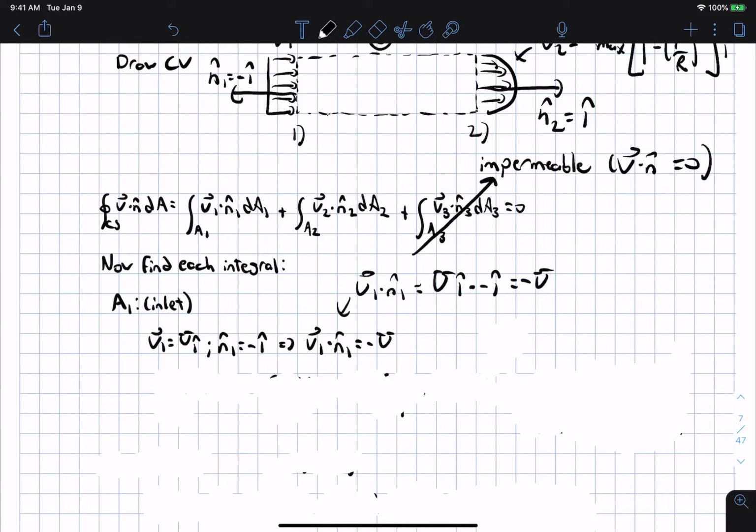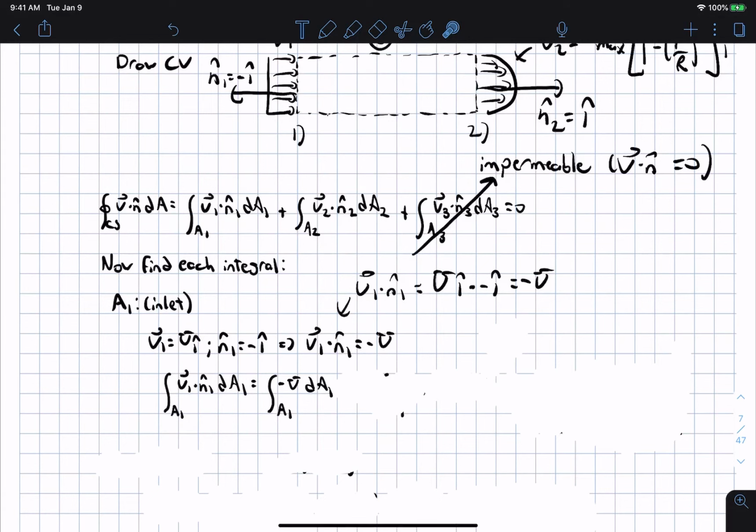Okay, so now we're going to take this and substitute it into this integral here. So we've got the integral of v dot n hat over area 1. Well, that is equal to the integral of minus u dA1.